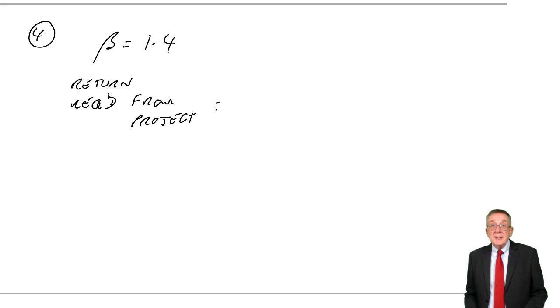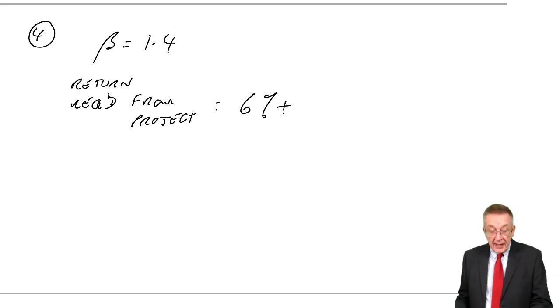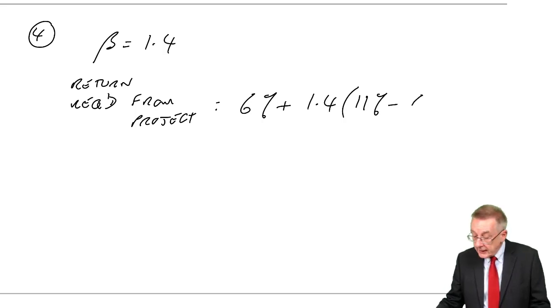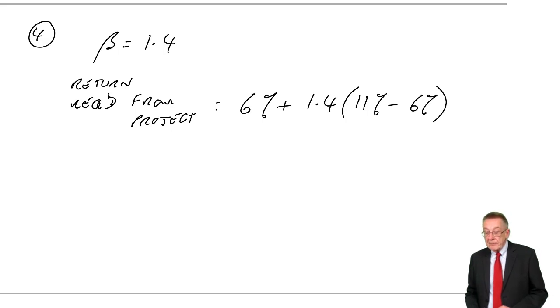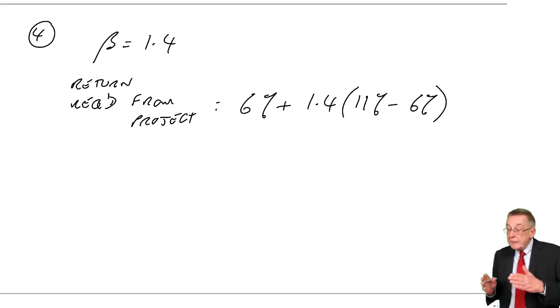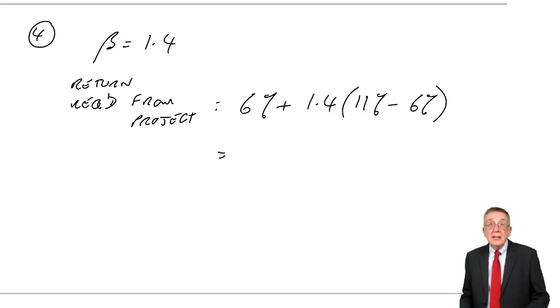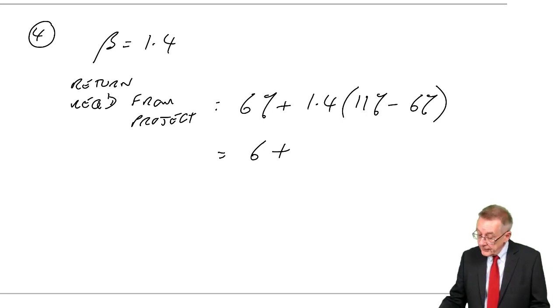we'll use our capital asset pricing model formula. It'll be the risk-free rate of 6% plus beta, the riskiness, times the market premium. The market's giving 11 as against 6. There's a market premium of 5. And so for the level of risk in that project, what return is needed? 6 plus 1.4 times 5, 7.